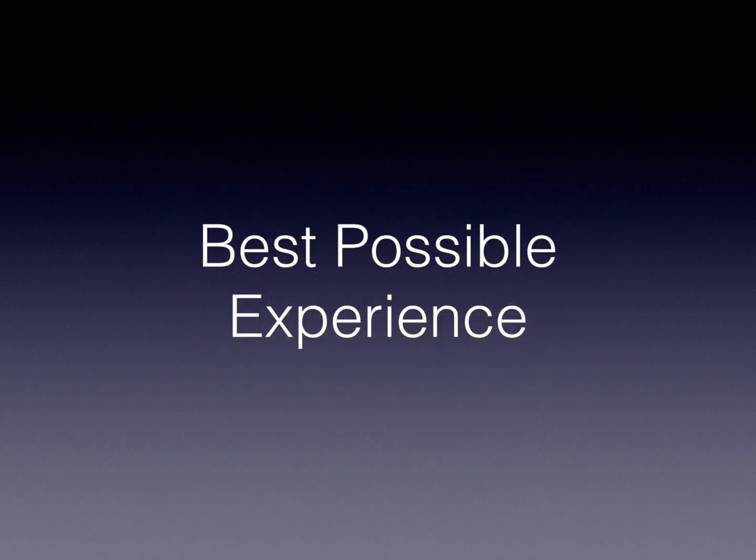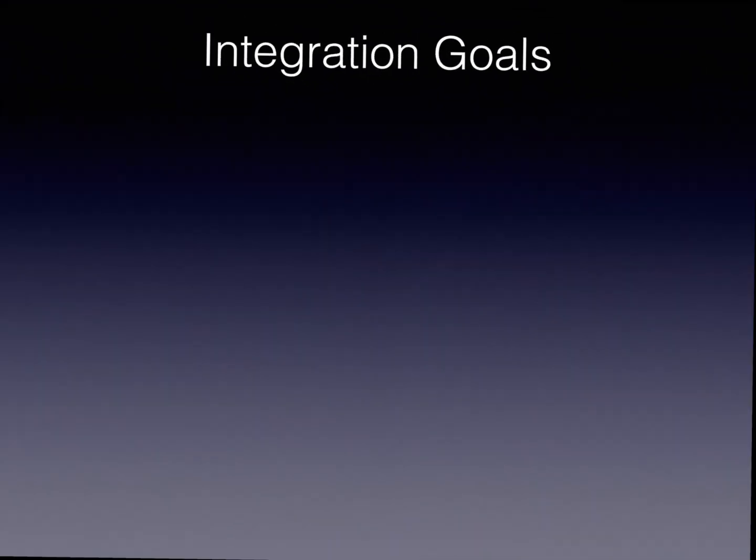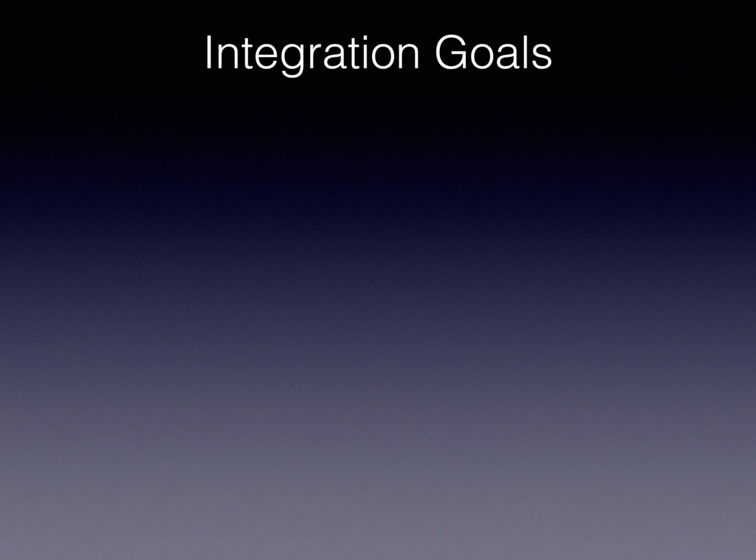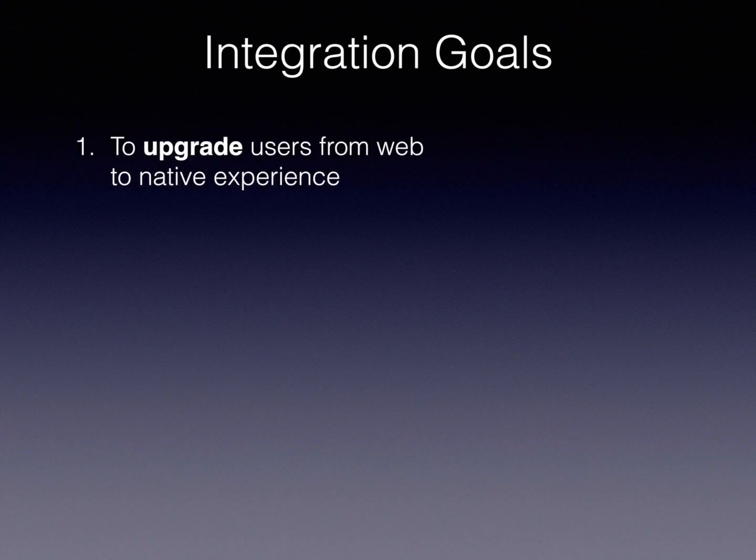And of course, we want to have the best possible experience for our users. And that means we have certain integration goals, meaning where the website and the iOS app should come together. The main integration goal for us was to upgrade users from the web to the native experience.